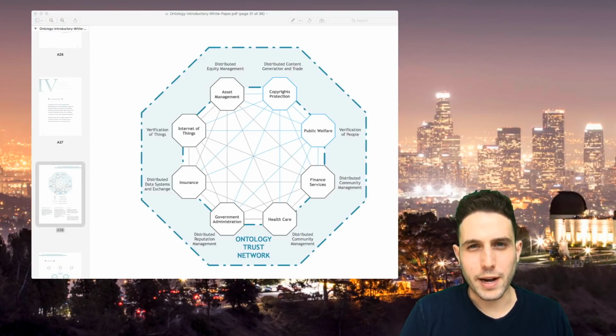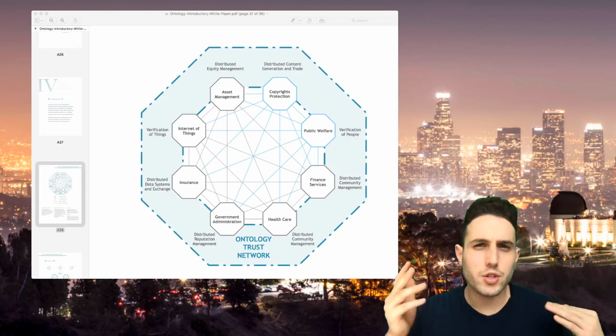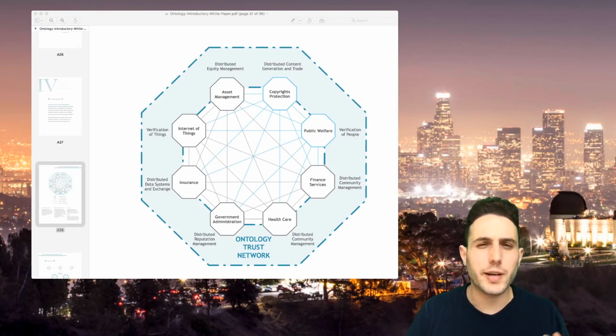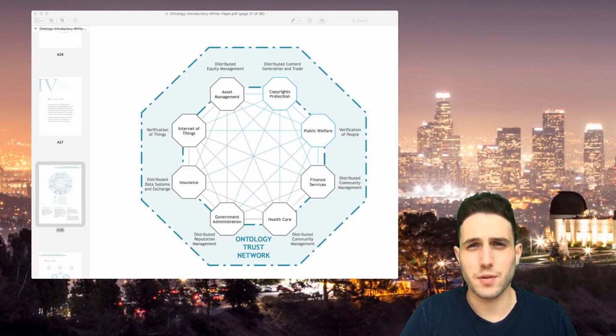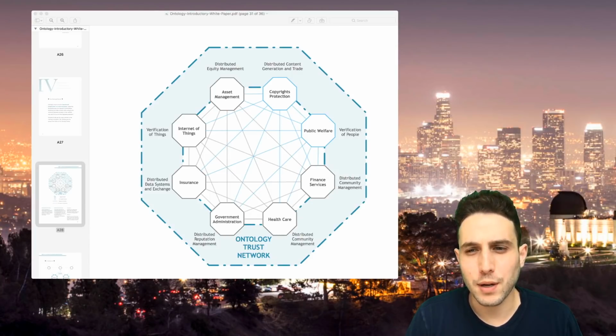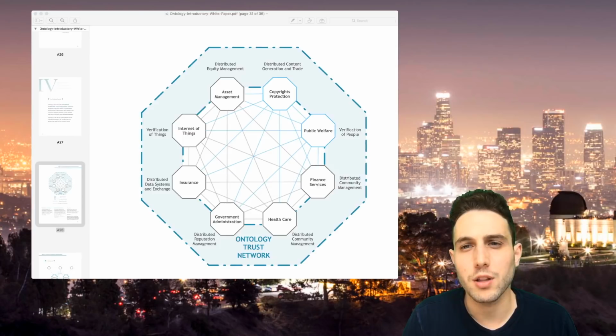To get very granular here, I want it to be clear that Ontology isn't just saying, oh, we're going to do all this trust stuff, and whenever it comes to trusting stuff, you'll come to us. They have their areas of trust, their sectors rather, very much spelled out. This is not a question as to what they're going to be tackling or when it's going to become an Ontology focus.